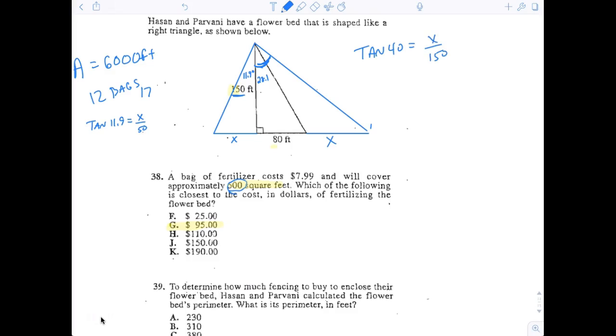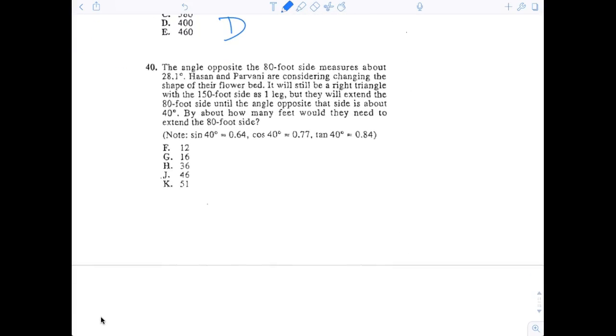Does everybody agree with that? Now remember, x is going to be this, and then I'm just going to subtract 80, right? So now do 150 times tangent of 40, 125, and then subtract 80. Is that an answer? Yay, so that's good. Very good, guys.